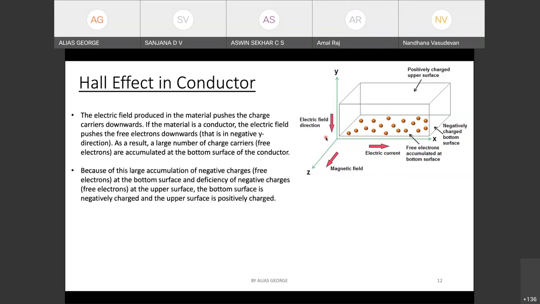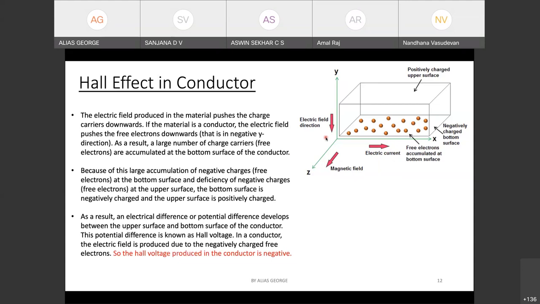So you can read this. I showed the diagram during the first section. The Hall voltage produced in the conductor is negative. Is that clear, Ashwin?